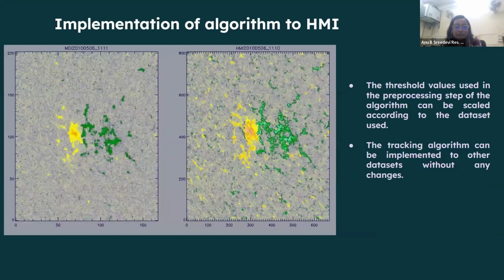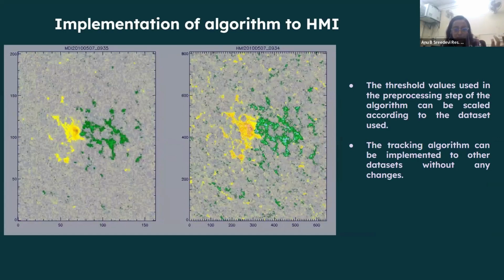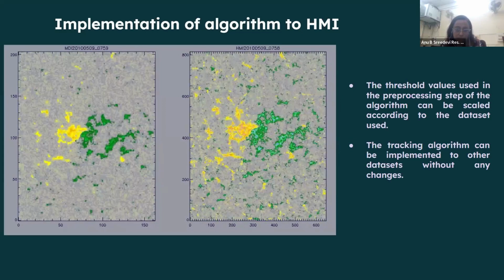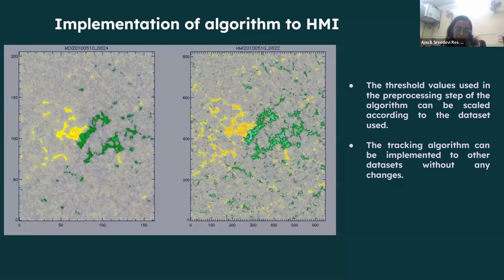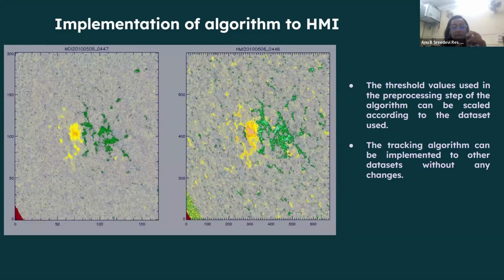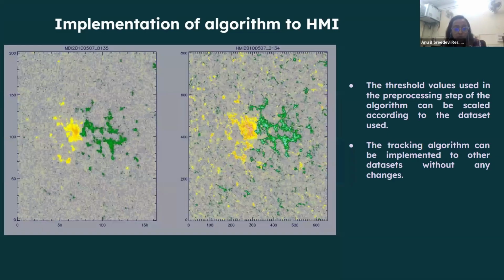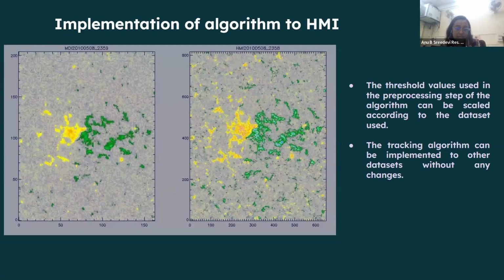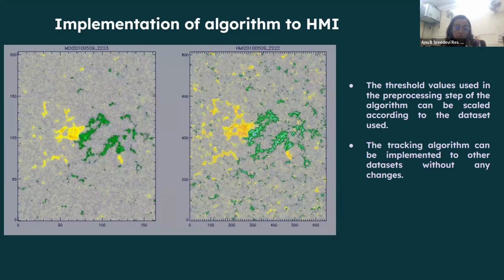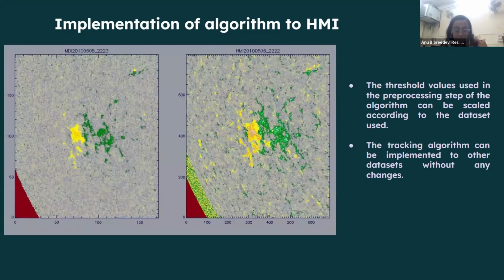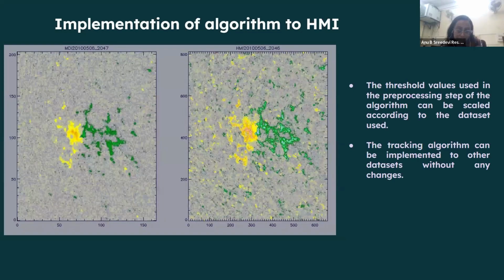But we know that MDI only has data till 2009 and almost 2010. So after that, we need HMI data. So we tried to implement our algorithm in HMI too. And for HMI, again, due to our computational constraints, we had to degrade the HMI data from 4K by 4K to 1K by 1K, and we were successfully able to implement the algorithm.